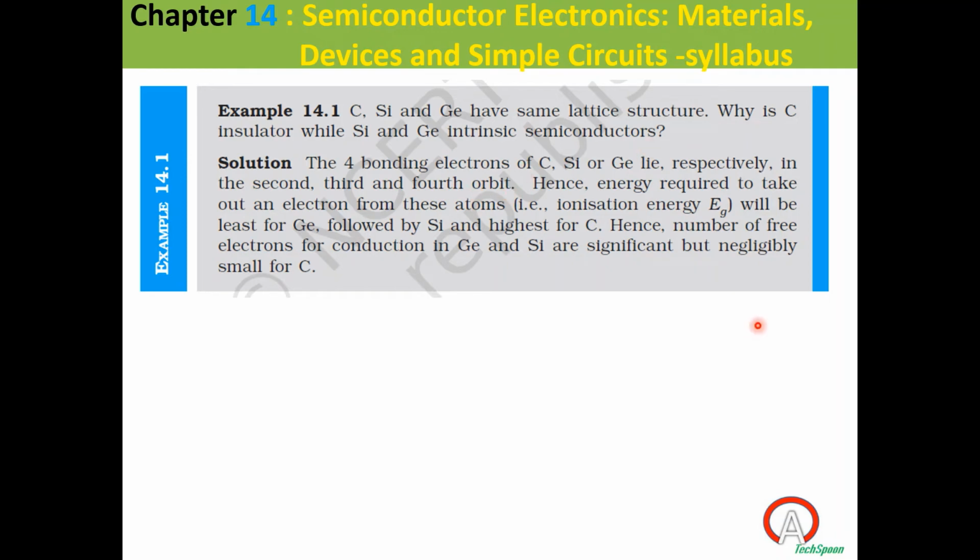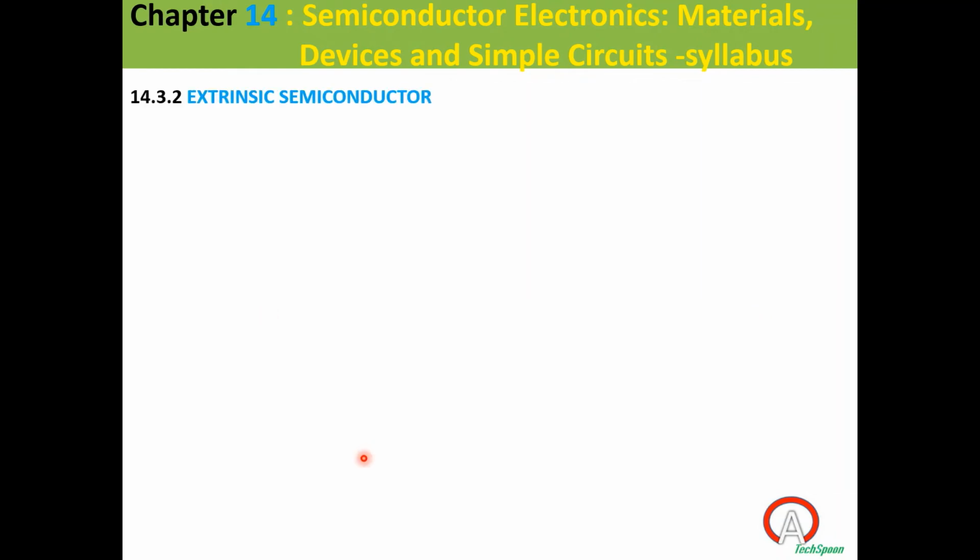Any doubt? Why is carbon an insulator even though it has 4 valence electrons? Is it clear?